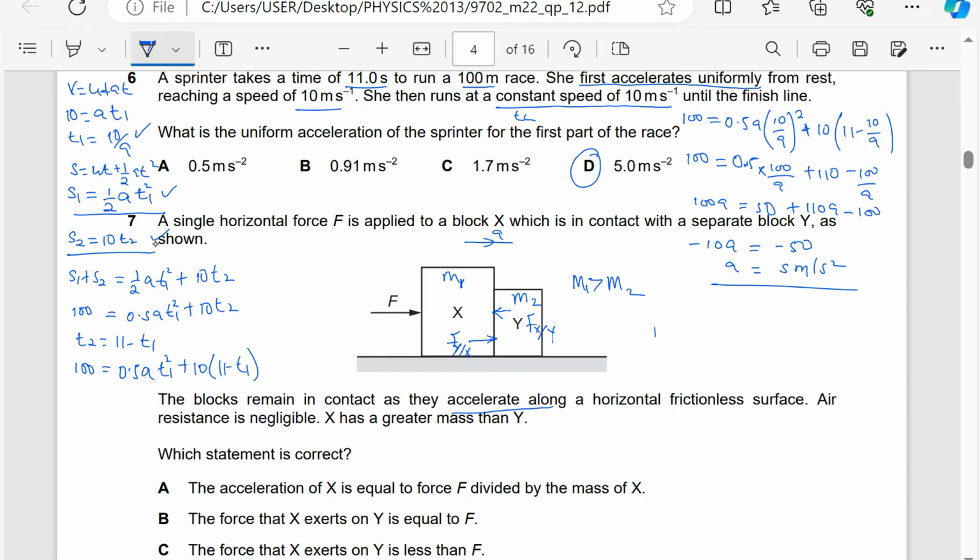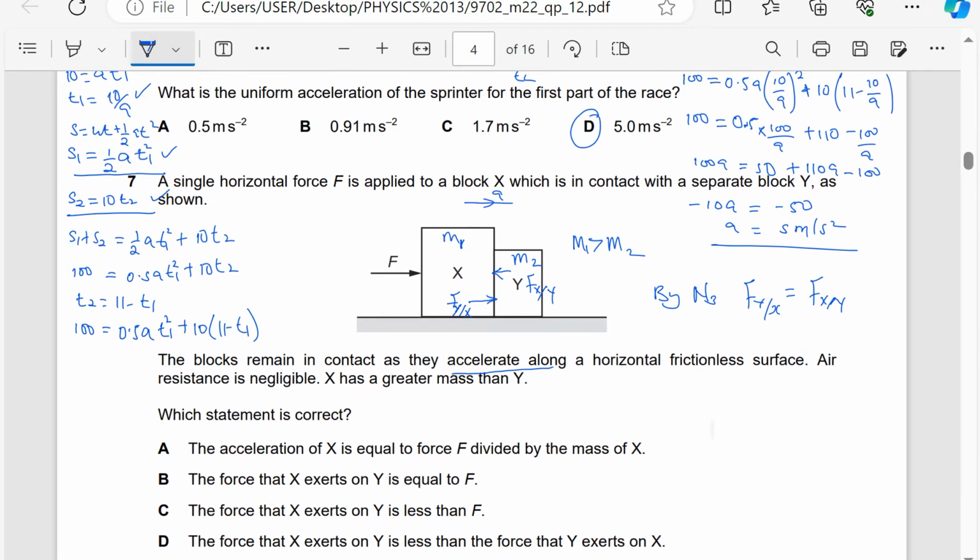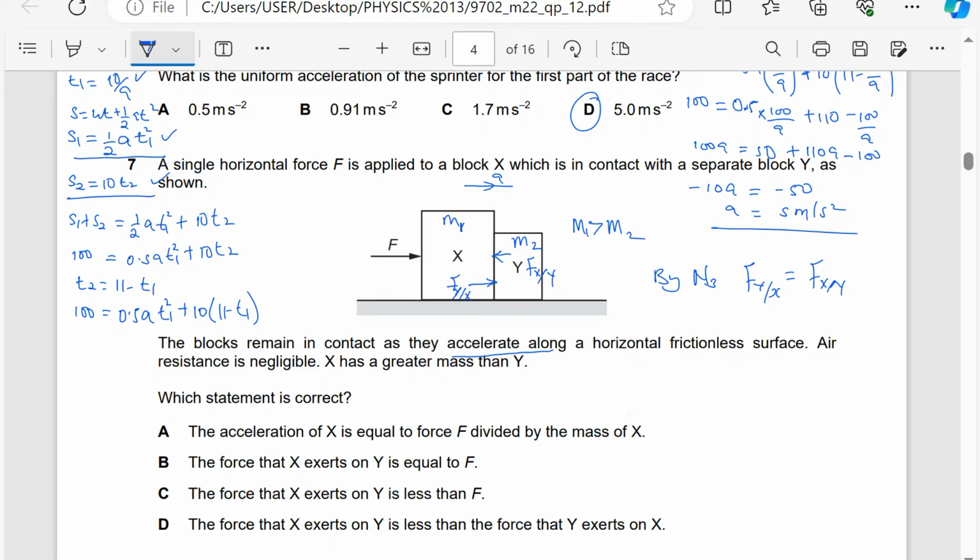And remember, by Newton's third law, F on Y due to X is the same as F on X due to Y. The forces are equal but opposite. That is by Newton's third law. But then let's use Newton's second law.